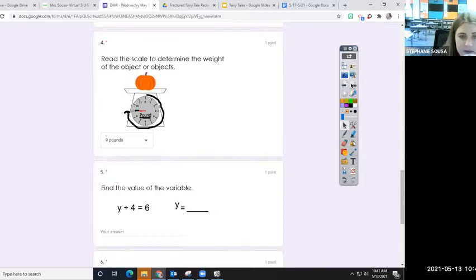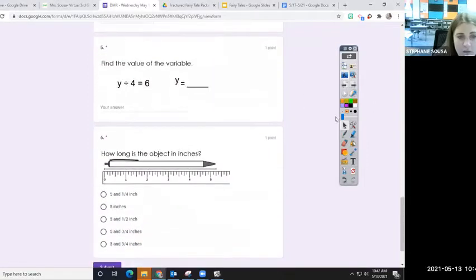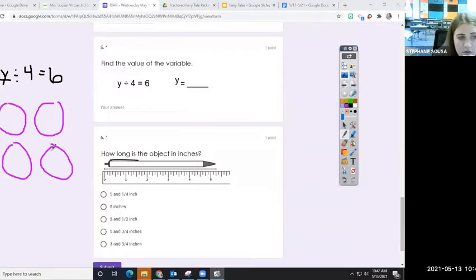Okay, next up. Find the value of the variable. Something, which is y, divided by 4 is equal to 6. I know when I divide that I need 4 groups. 2, 3, 4.